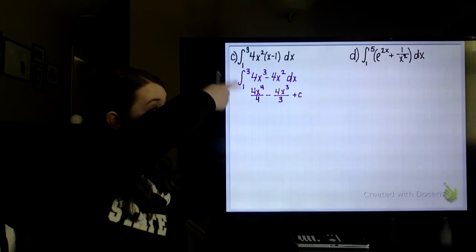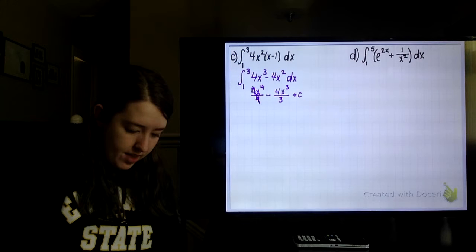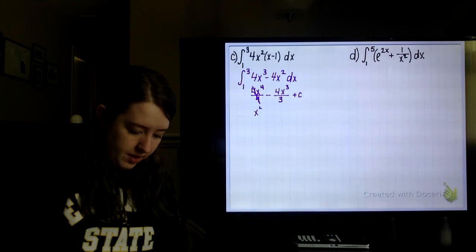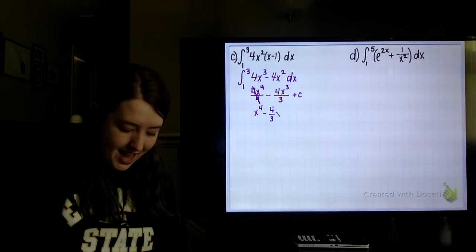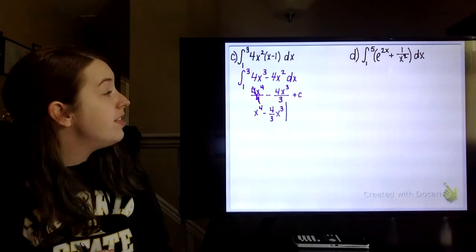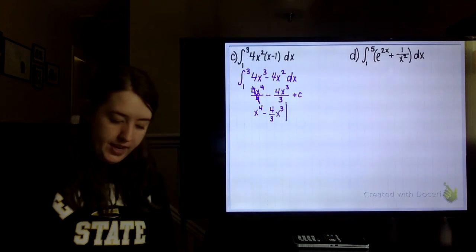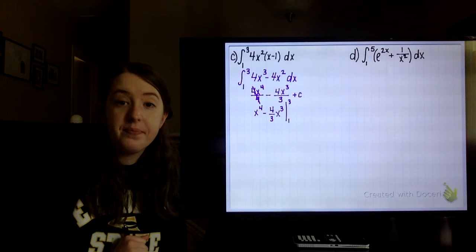So these 4's right here, they'll divide away. So I'm left with x to the fourth minus 4/3 x cubed. And then we need to evaluate that from 1 to 3.